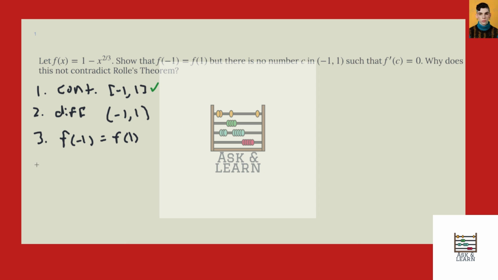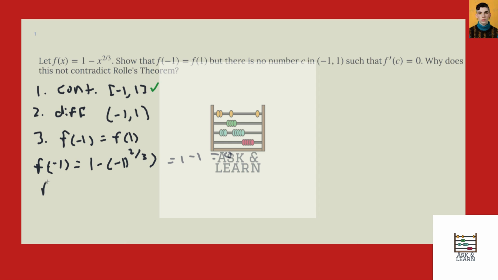So if we plug in the value of negative 1, so f of negative 1 into our function, 1 minus negative 1 to the 2/3. Since this 2 on top squares the inside, and the cube root of positive 1 is 1, it will just be 1 minus 1, which is 0.